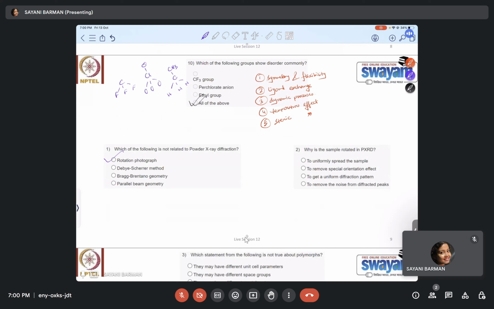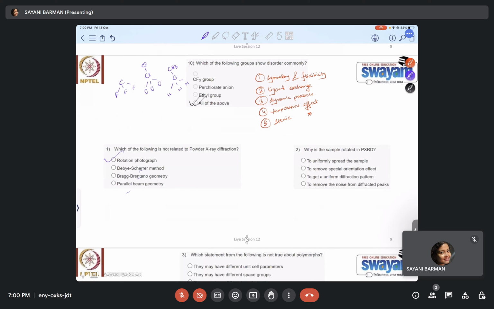Now, the Debye-Scherrer method is for powdered samples, right? While Bragg-Brentano geometry and parallel beam geometry offer efficient setups for analyzing powder samples and crystal structures in various methods.